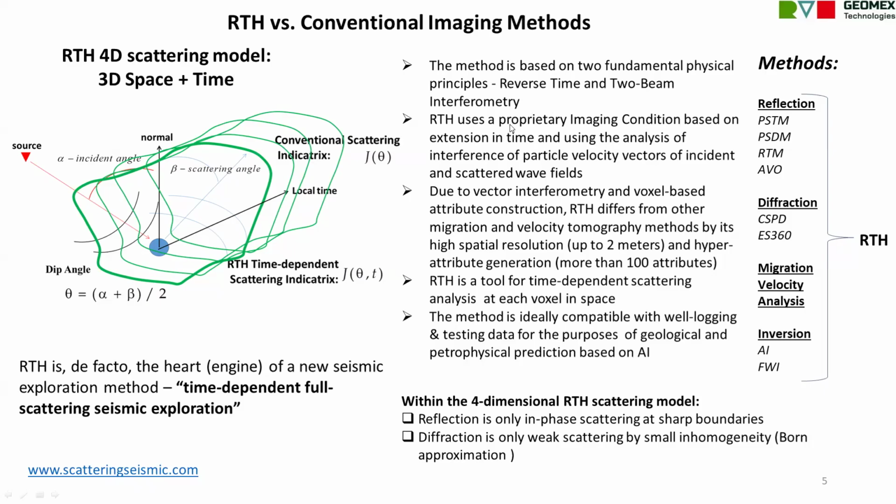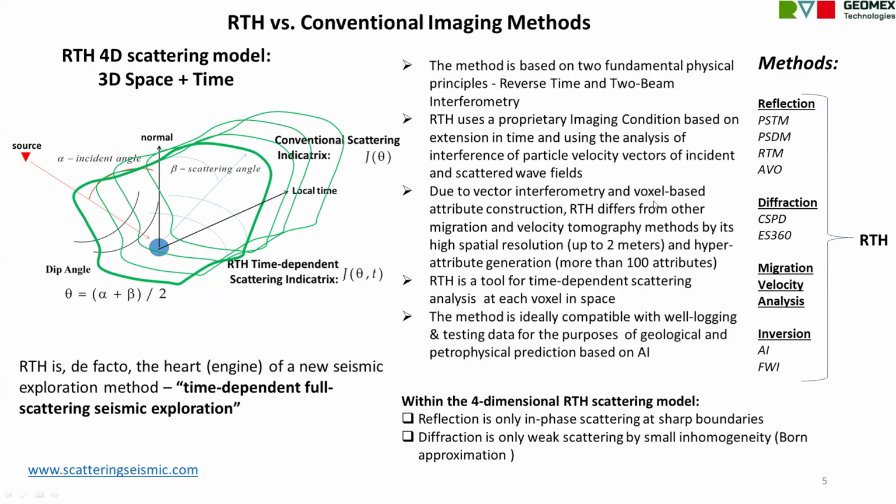RTH uses a proprietary imaging condition based on the extension in time and the analysis of interference of the particle velocity vectors of the incident and scattered waves. So we use not only amplitude as in reverse time migration, but also search for and use phase, both amplitude and phase.